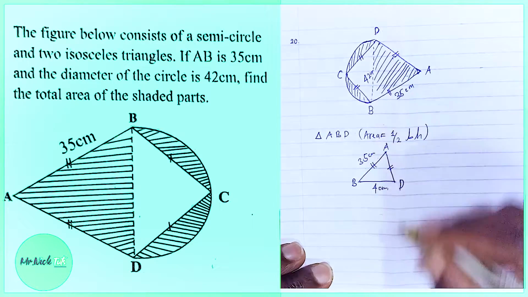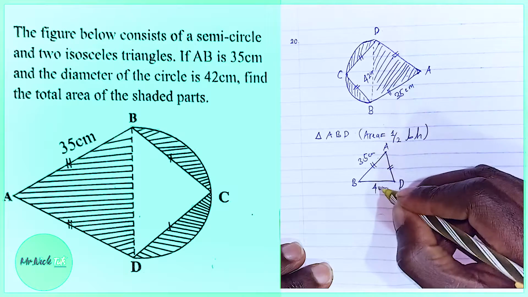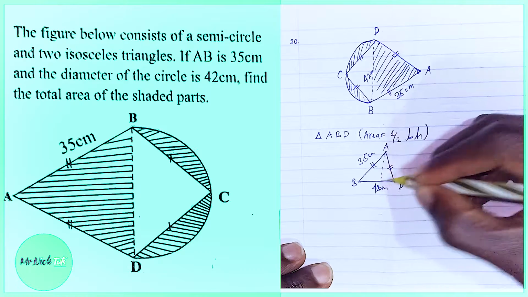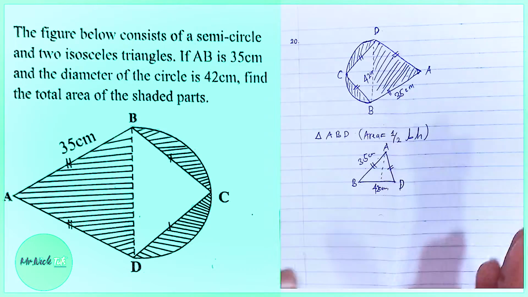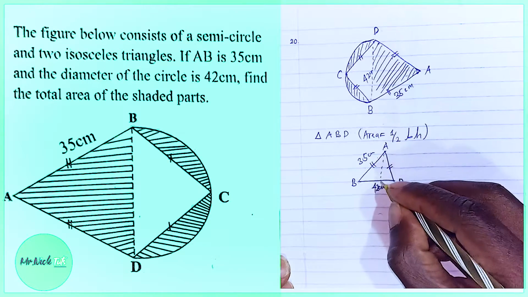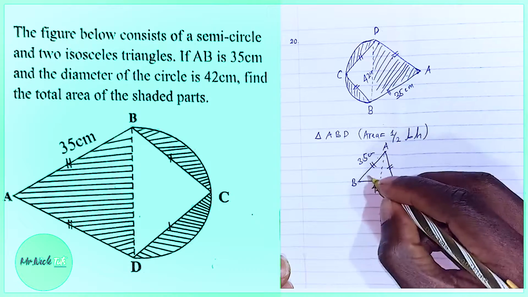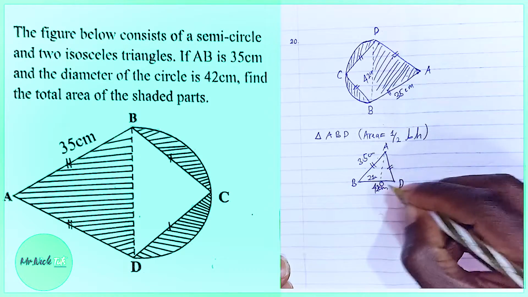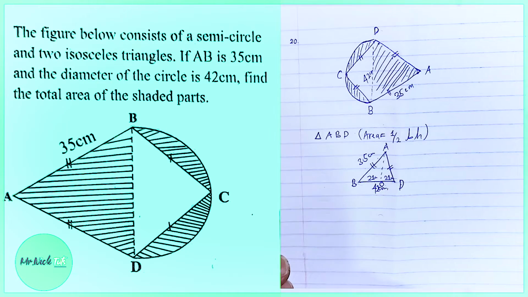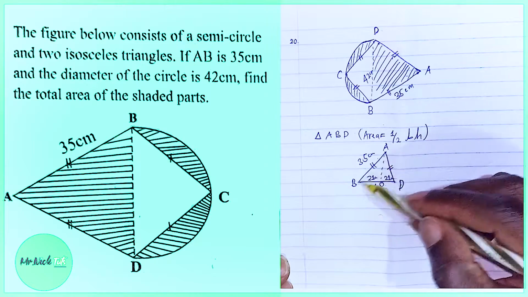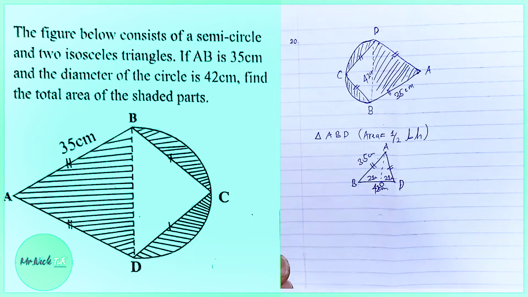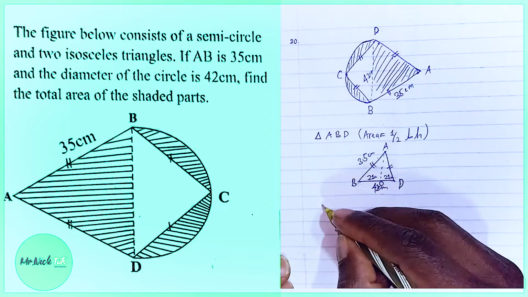35 centimeters. So basically, if we are able to drop a perpendicular from A to the line BD, it will bisect the line BD right at the middle, right? Such that, let us have this point O here, so that we're going to have BO being 21 centimeters and of course OD being 21 centimeters as well. So basically, now that we have BA as 35 and BO as 21, we can easily find the height of this triangle ABD using Pythagoras Theorem.